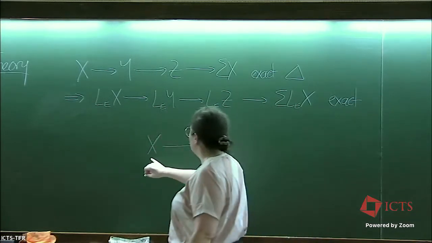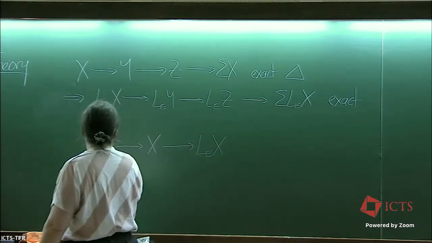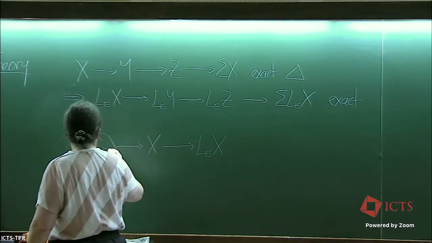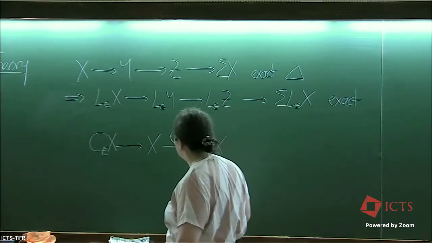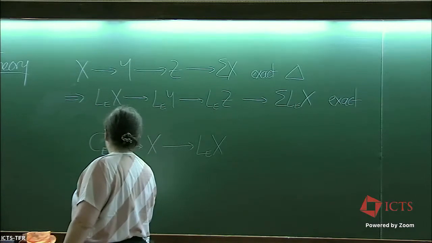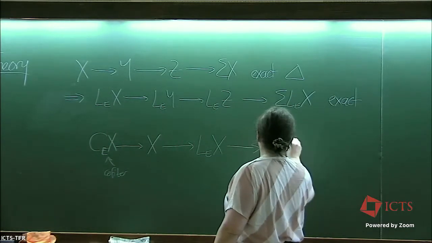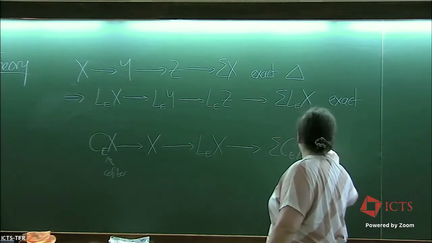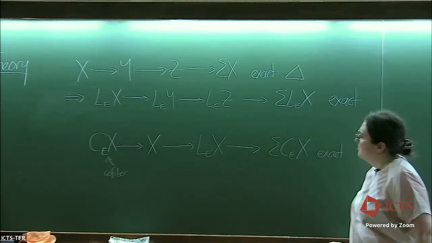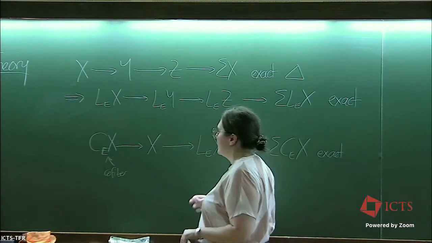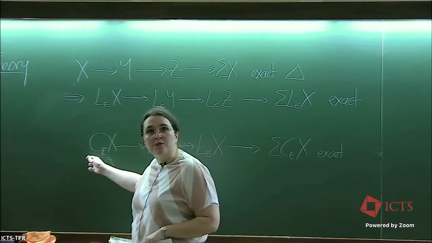And in this case, if you pick your map to be the E-localization, your cofiber would be called CE of X. And then you get an exact triangle like so. Why am I saying that? I'm saying that because this one then has the property that this is going to be an E-acyclic spectrum.